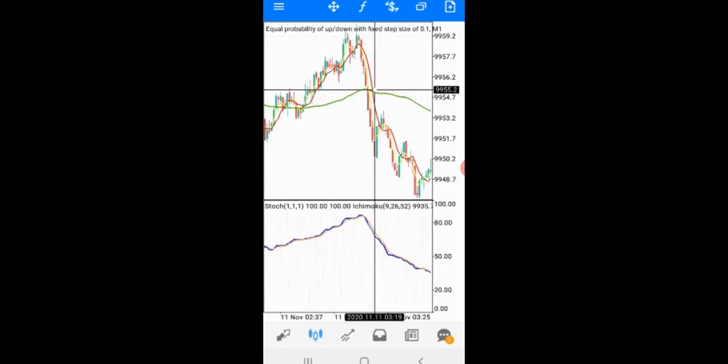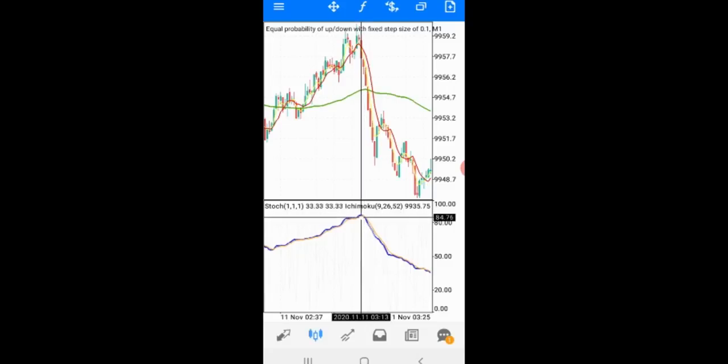It indicates a sell is about to take place. This is one of the criteria. Then another one: it should be at the overbought level, just like here. You see this place? It should be the moving average in the Ichimoku.